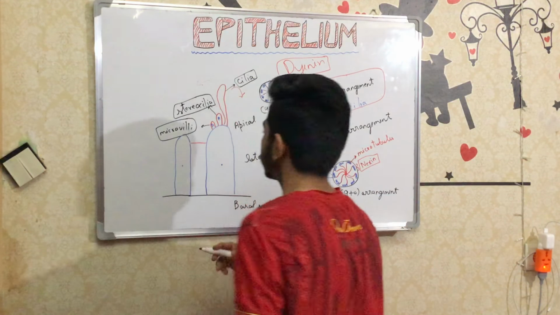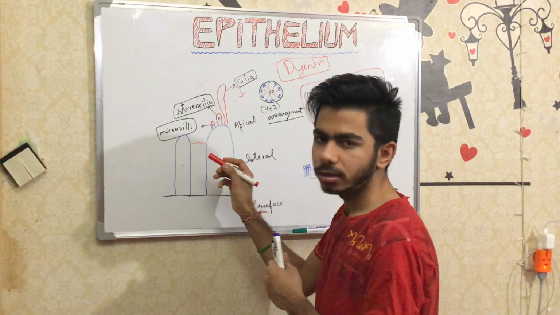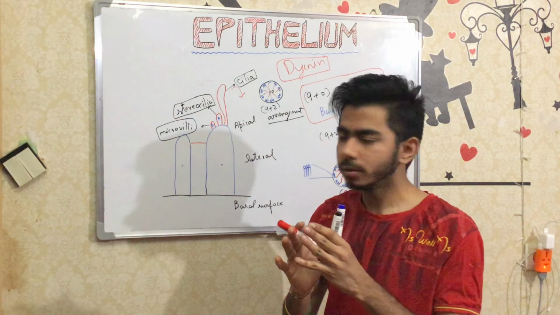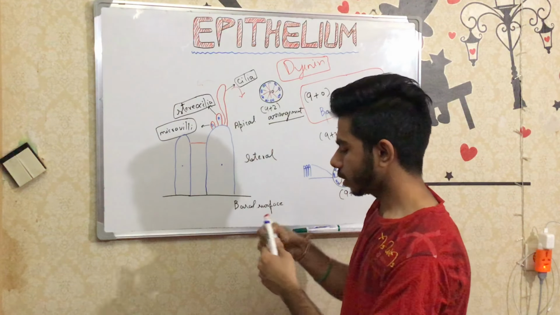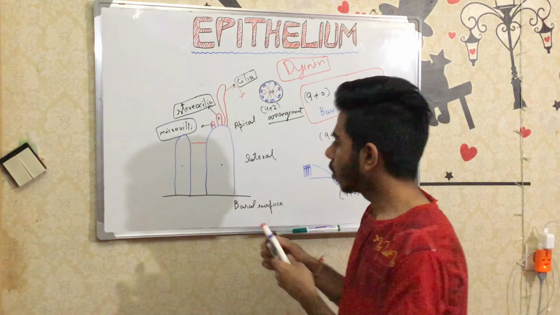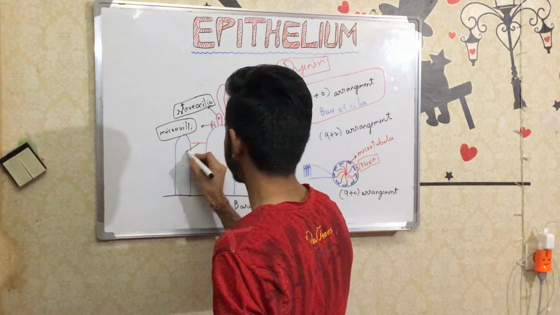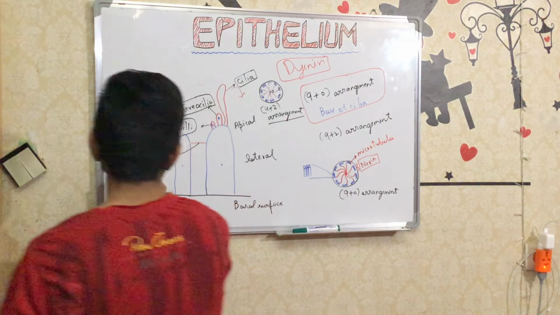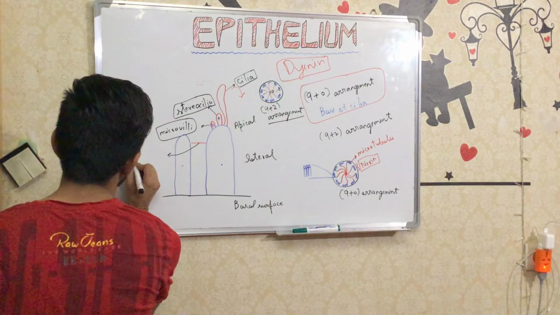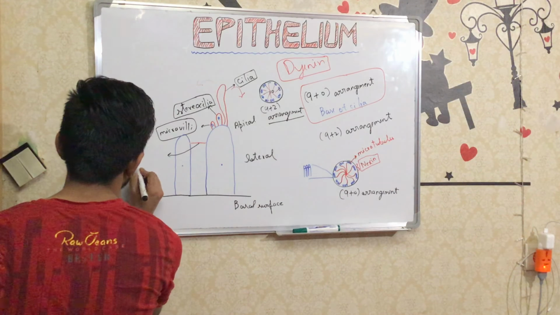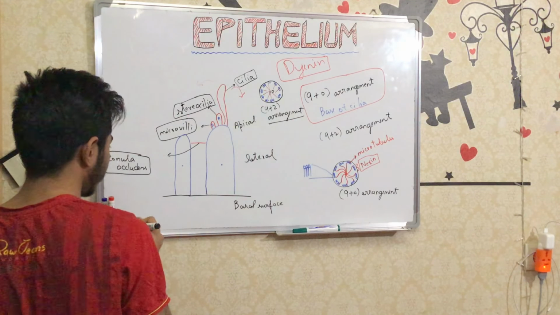Here are some structures which help to bind these epithelial cells to one another. This interaction is called zonula occludens. Zona or zonula occludens. So this is the zonula occludens.